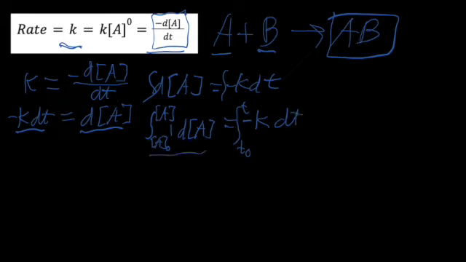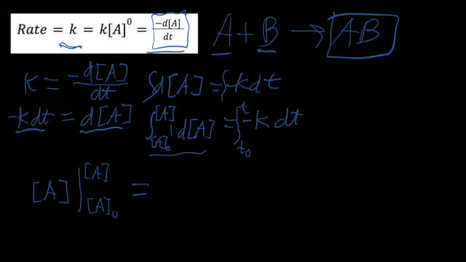So in this case, you have the integral of 1 is just whatever variable, so that is the concentration of A, but it's a definite integral. So we're going to evaluate it from the initial concentration all the way up to the final concentration. And so that equals the integral of negative K, and since K is not the same variable as what we're integrating, then it just is a constant.